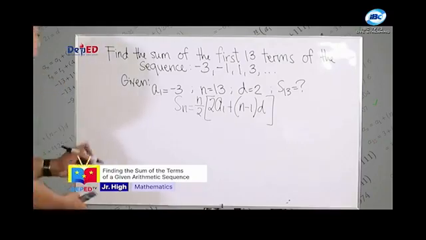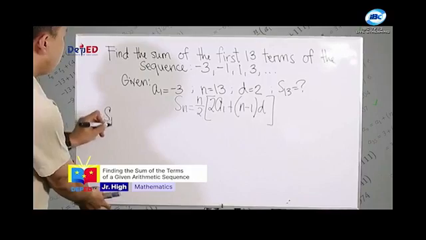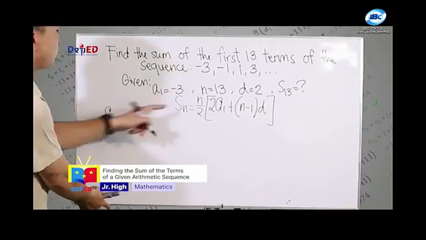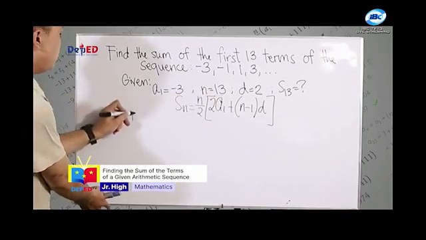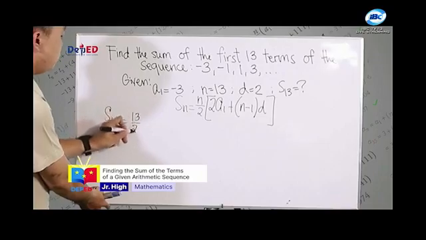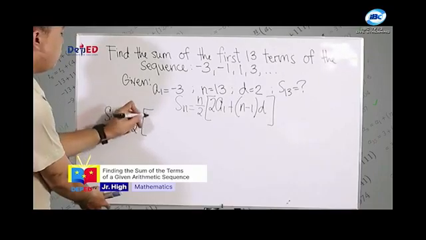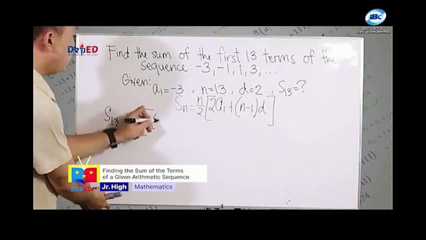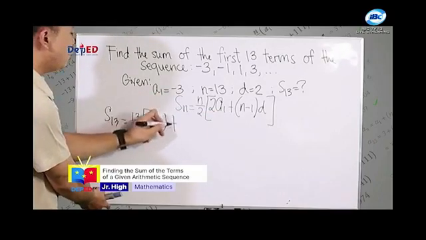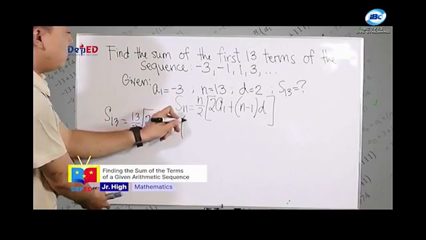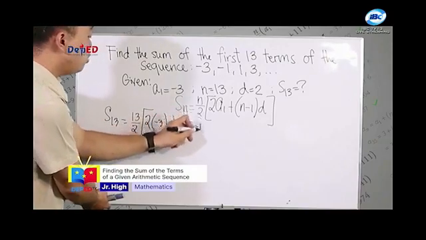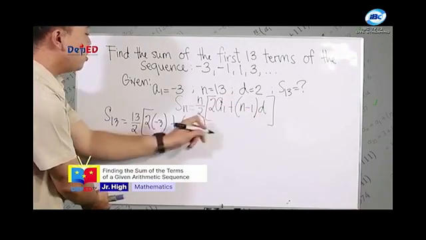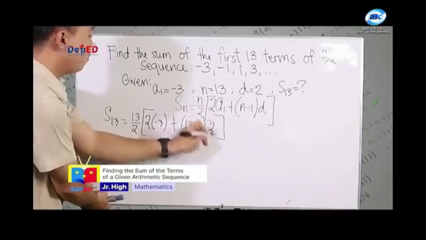We will have s sub 13 is equal to n, which is 13, divided by 2 times the quantity 2 times a sub 1, that is -3, plus our n, which is 13, minus 1 times the difference, which is 2.